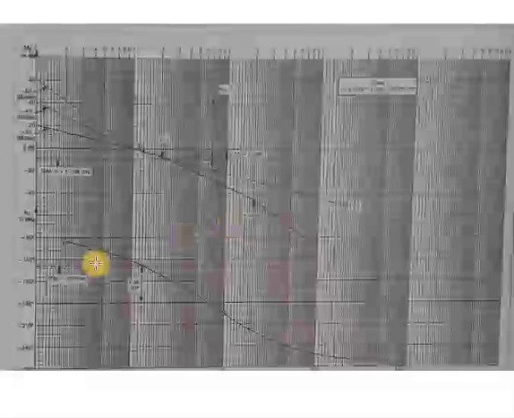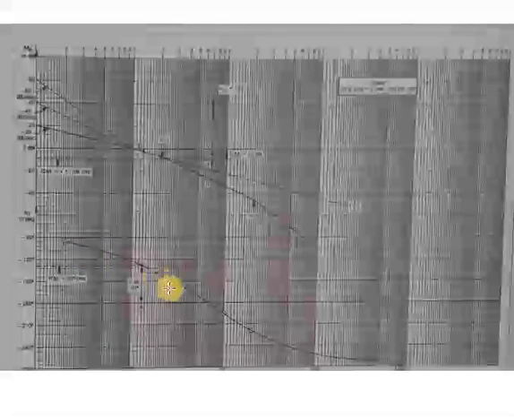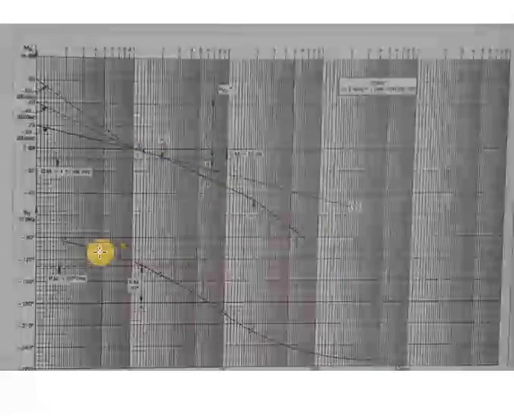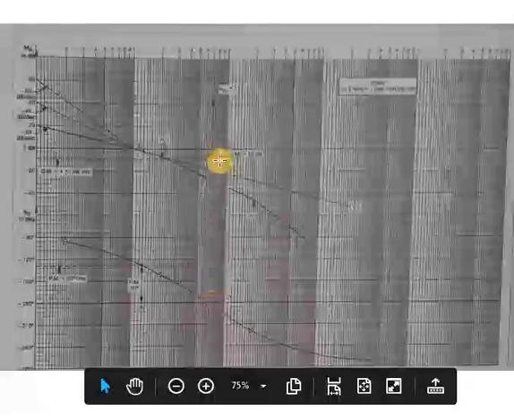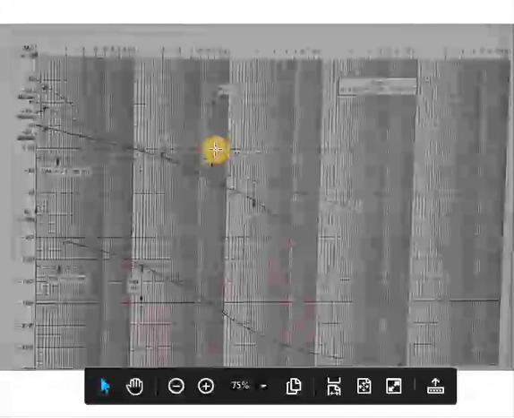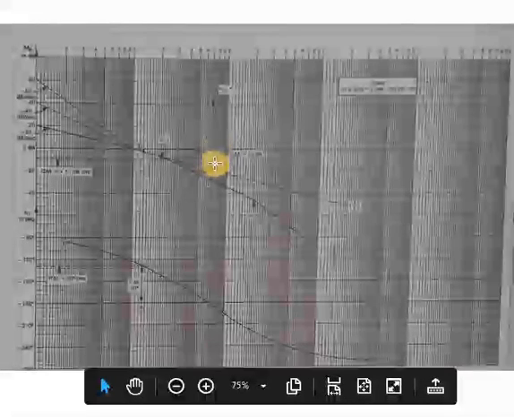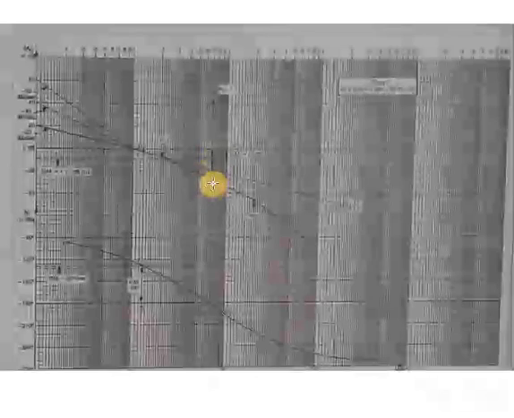First we look at this phase plot with the 180 degree line. Wherever this phase plot is intersecting the 180 degree line, from there we draw a vertical line up to 0 dB. We take the distance between 0 dB and the magnitude plot as the gain margin.